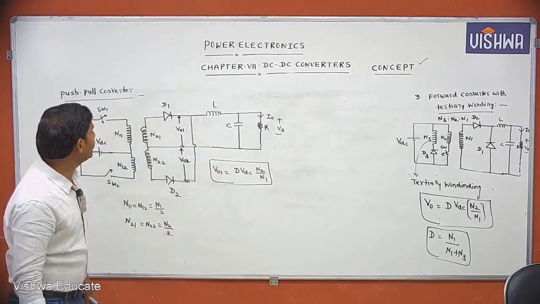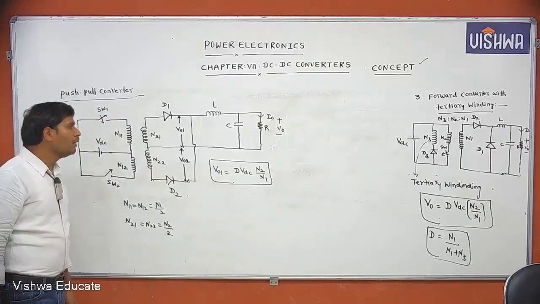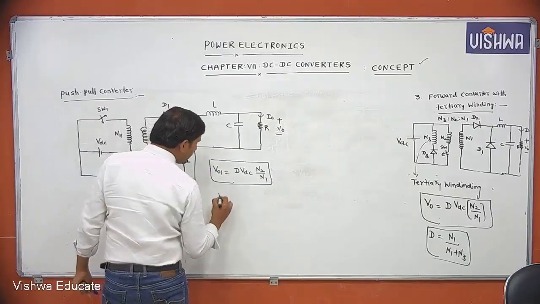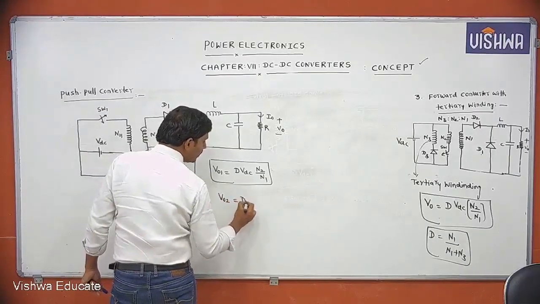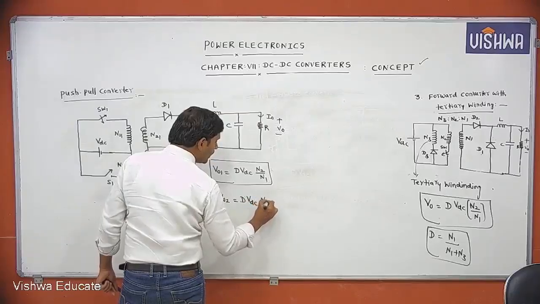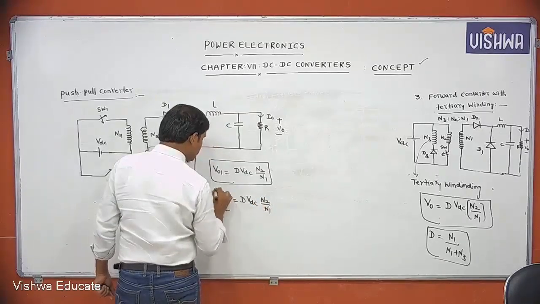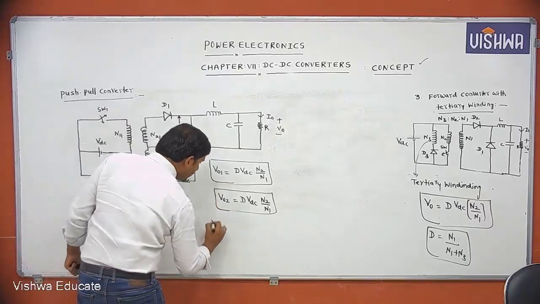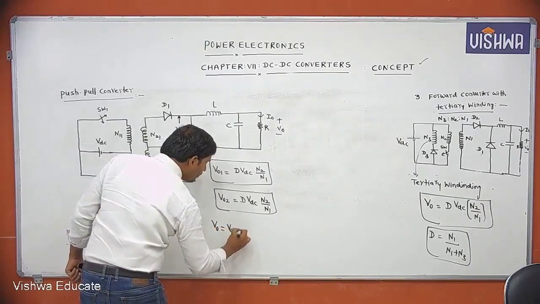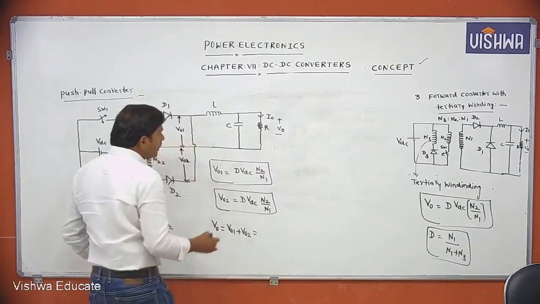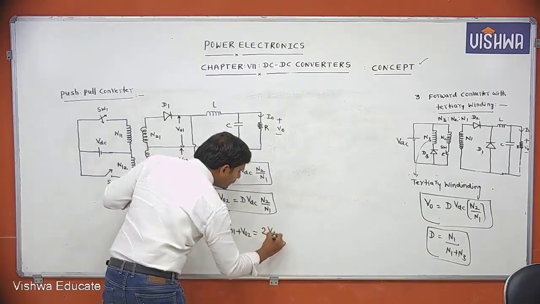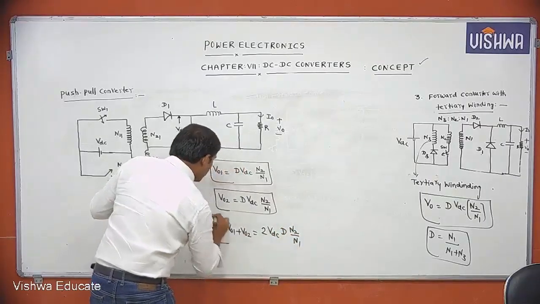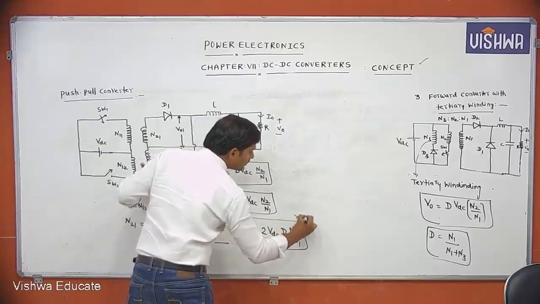Next, when switch 2 is on, we get V02 equal to D into VDC into N2 by N1. Then the resultant output voltage V0 equals V01 plus V02, which is 2 into VDC into D into N2 by N1. This is the output voltage of the push-pull converter.